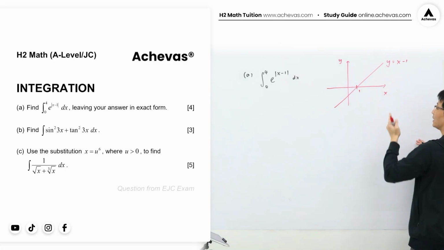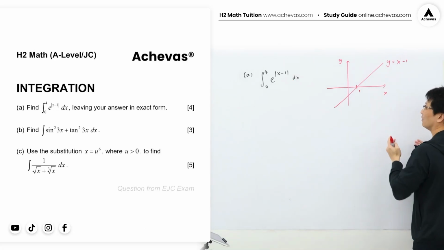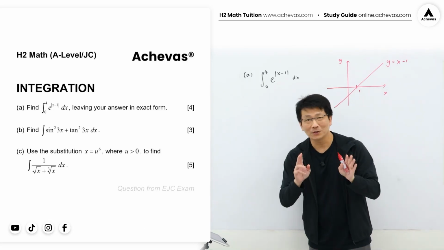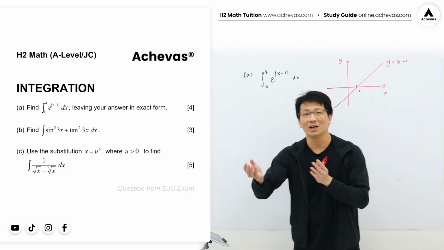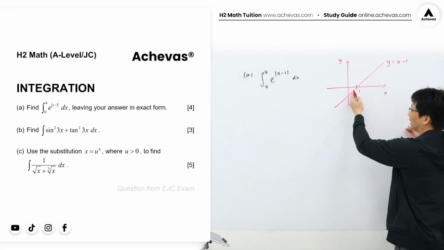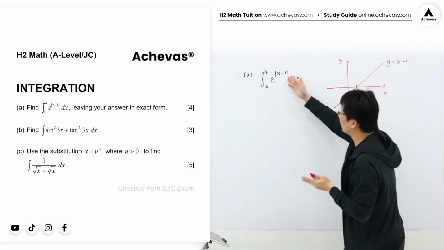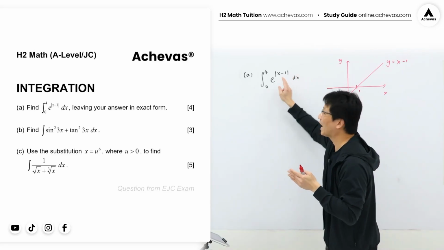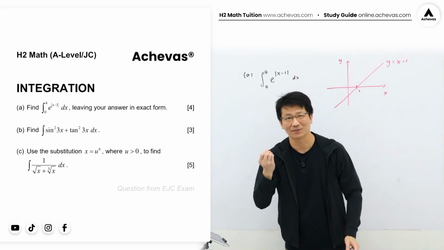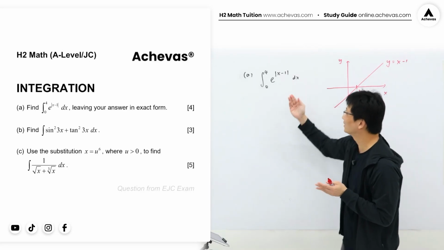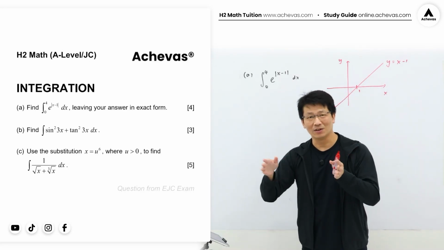And if it's above the x-axis, I'll be taking the positive. The reason is pretty simple, because we know that modulus always produces a positive value. So let's say originally the value is negative. In order to get a positive value after removing the modulus, I must put in an extra negative sign. If it's originally positive already, there's no difference, and we will simply ignore the modulus sign.